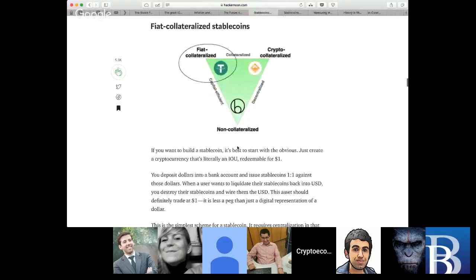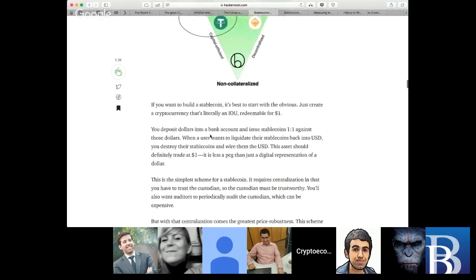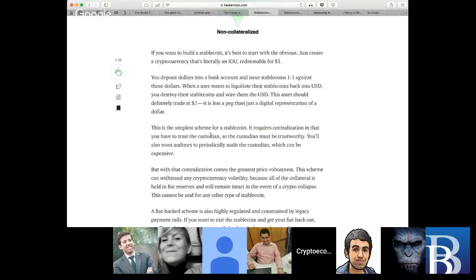So the first one, the fiat collateralized stablecoin, is the easiest one. You basically issue tokens from a reserve of value that you have, say, in a bank account. So if you have 10,000 dollars in a bank account, then you can issue 10,000 tokens and say they are stable, because you can always redeem your dollars for each token that has been issued.